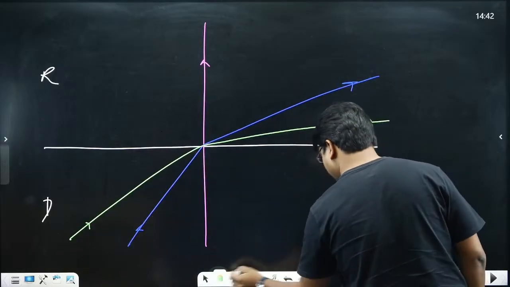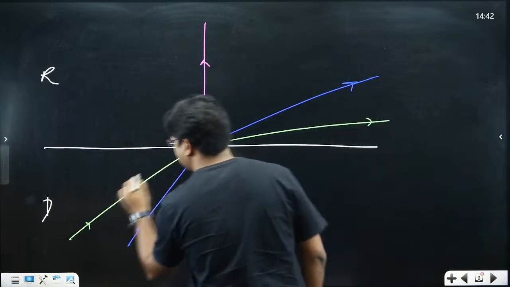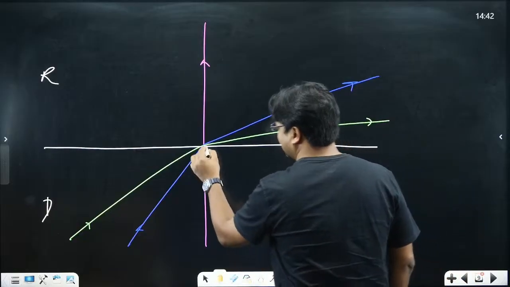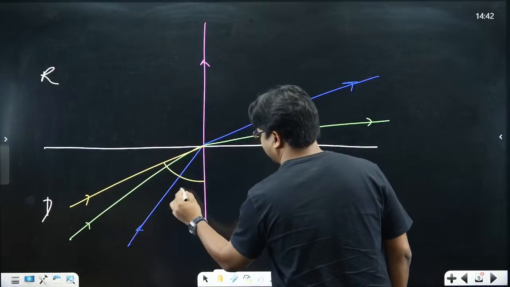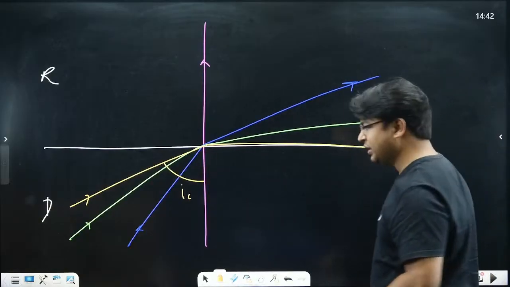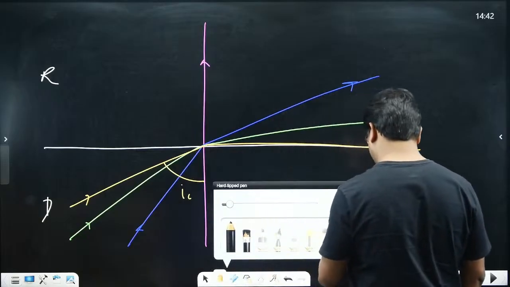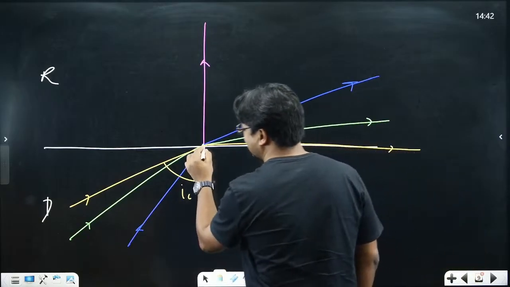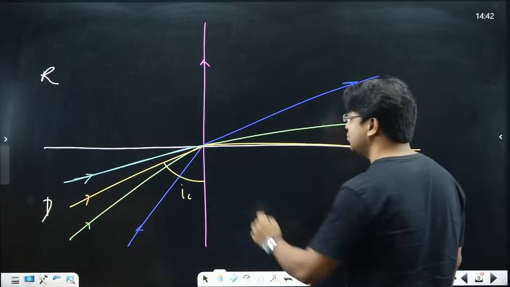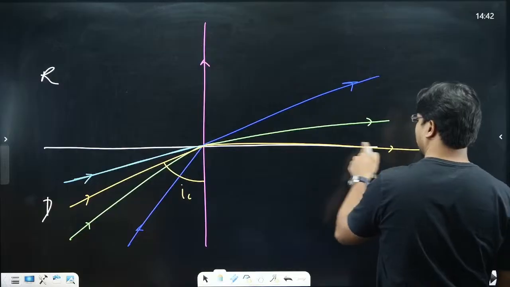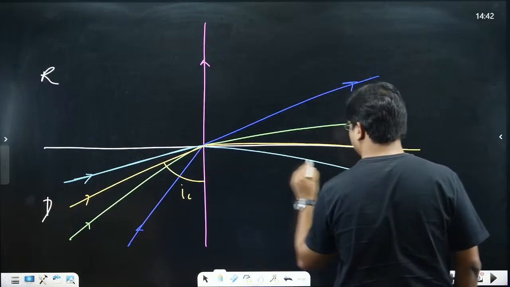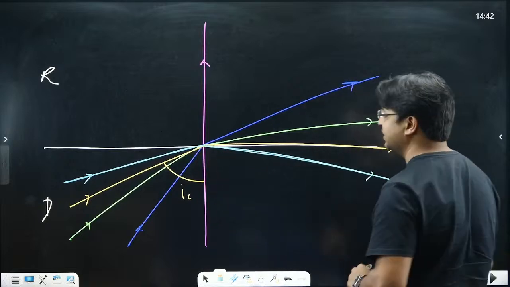And finally, if you make this angle the critical angle, then you will find that this ray is going like this. Are you getting it? Now suppose you thought that maybe I want to increase this more, I want to send a light ray from here. Now it has no place to go, because the ray is already grazing the medium, so it will be sent back into the first medium, and now reflection will happen.